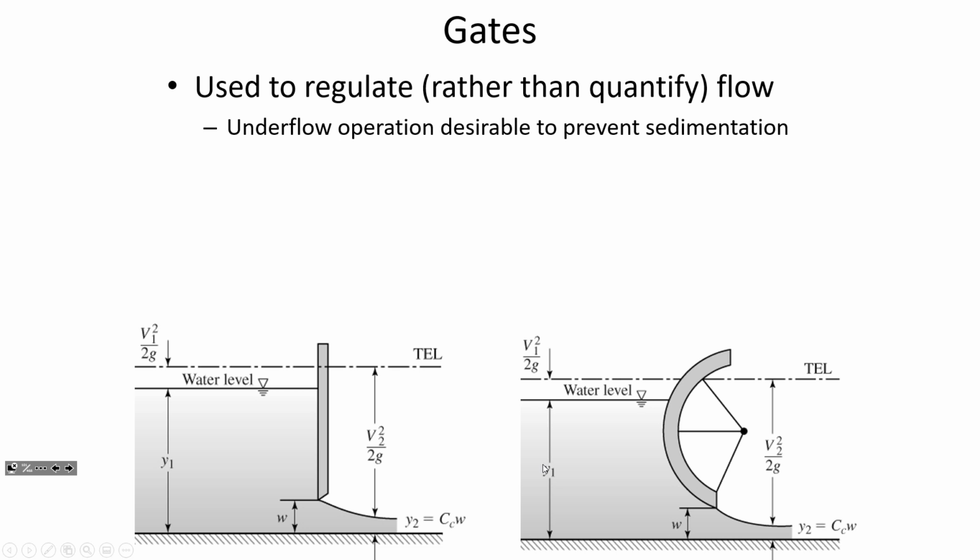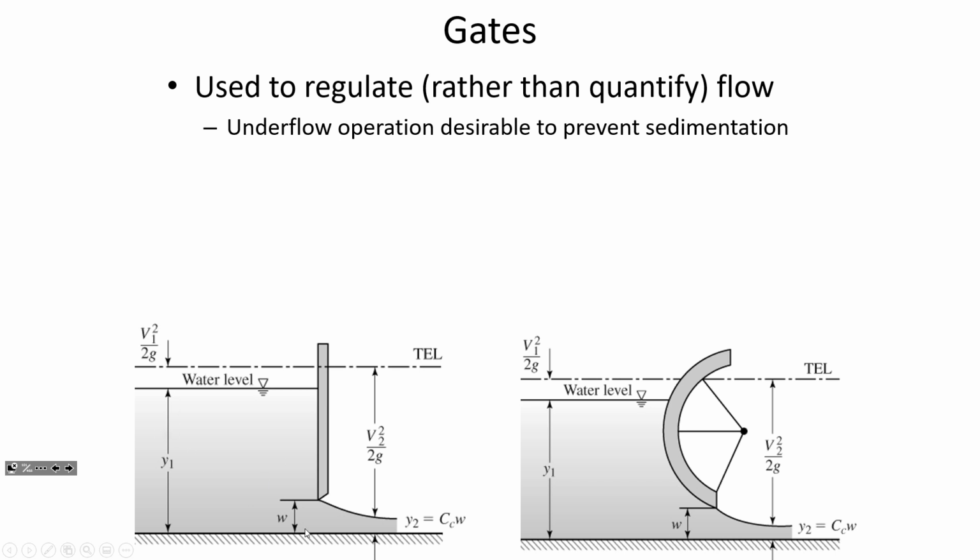So this is that side view that's showing some gates will be radial, and the forces that are acting on this curved surface point towards the axis of rotation, which avoids the friction of the plate pressing up against the frame that it's in.